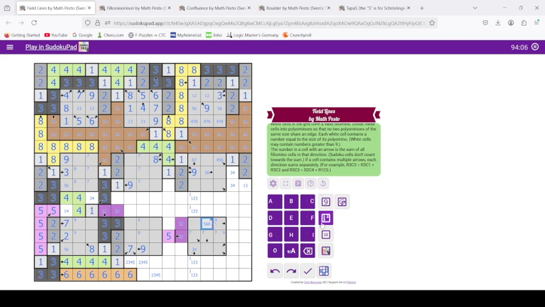No, it can't. If this were a 5, that would be a 6, making that a 4. And then you have a 4 on this path. These two have to add up to 1. Two cells can add up to 1. This is 6 or 8.